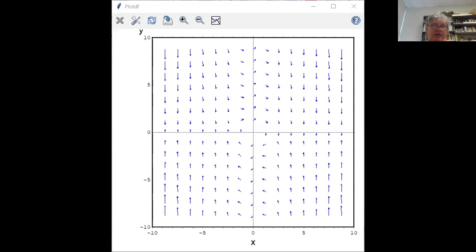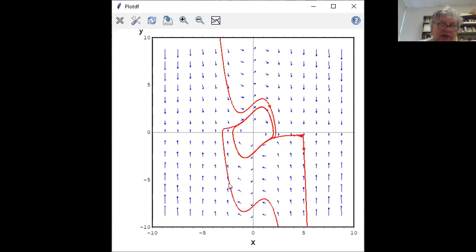Here is our phase plane, and let's have a look. Oh, that's kind of weird.